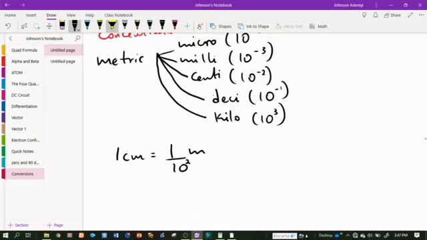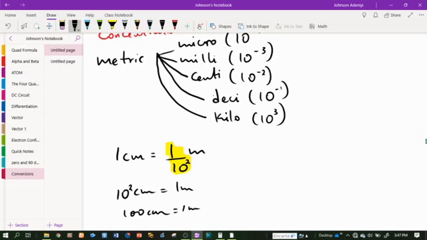We are simply replacing the whole of this with the centi. So centi means 1 divided by 10 raised to the power 2. By the time you do your cross multiplication, it's going to be 10 raised to the power 2 centimeter is equal to 1 meter. So that is 100 centimeter is equal to 1 meter.